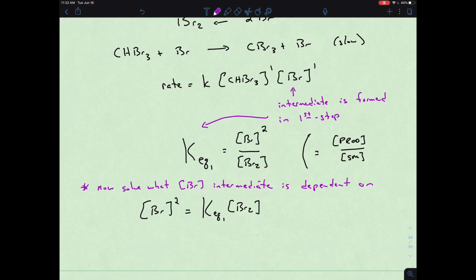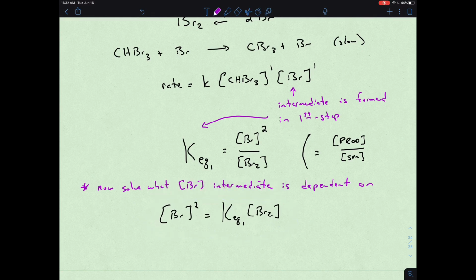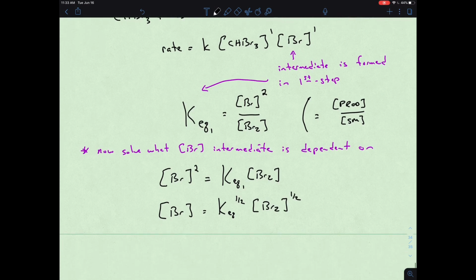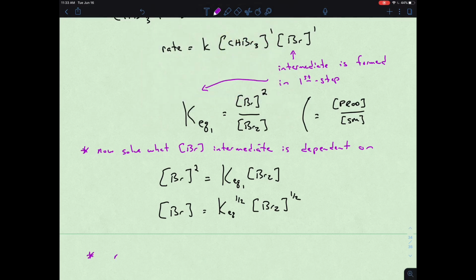All right, so now I'm able to figure out what that bromine concentration is dependent on by first rearranging it. Then I have to take the square root. And now I have what the bromine intermediate is in terms of. And so now we just substitute in for the intermediate.